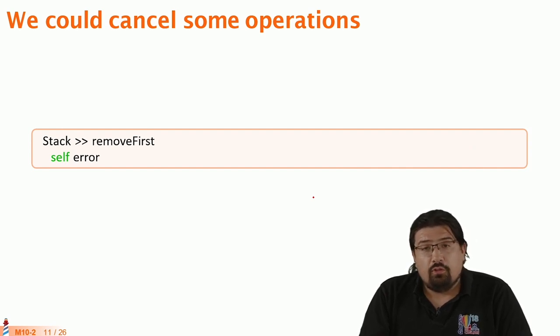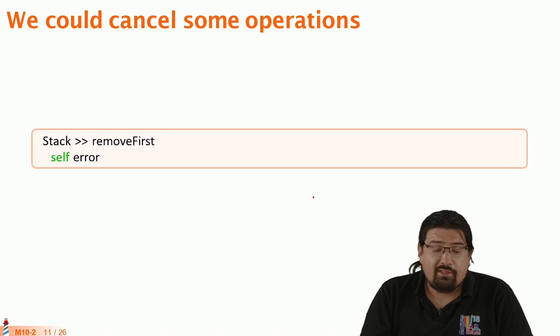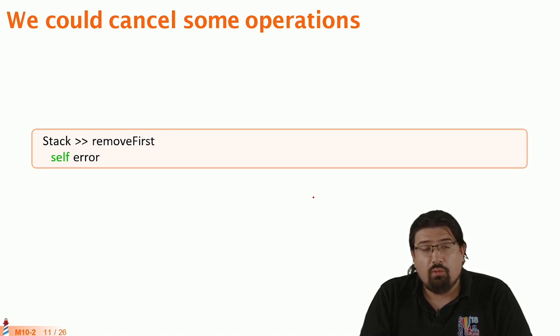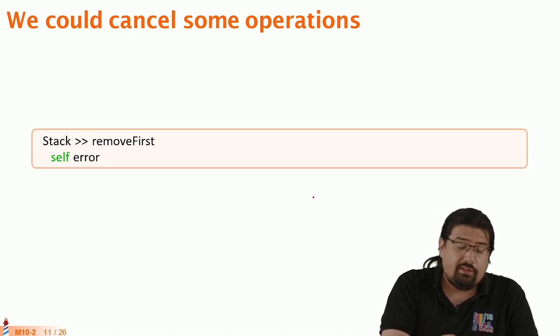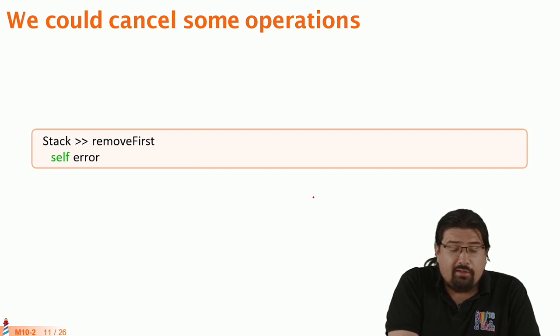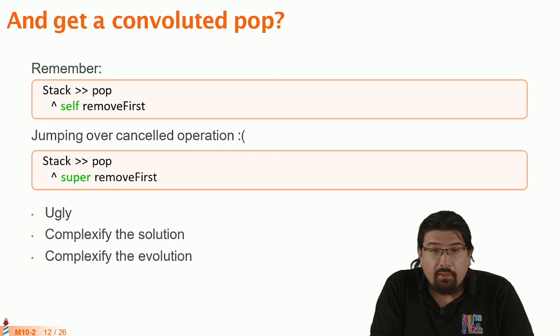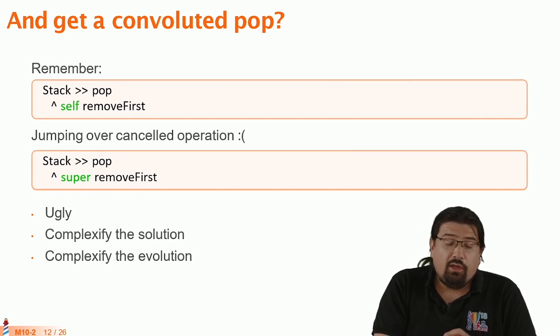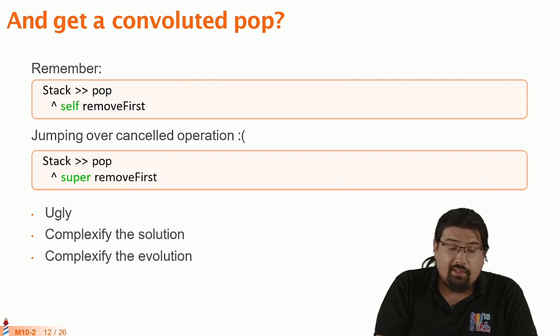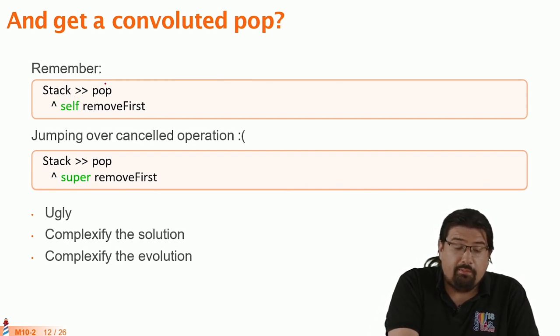One easy solution that we can think of is, okay, we are going to cancel all the operations that we don't want to expose. In this case, for example, we are taking remove first and raising an error when this message is sent to the stack. But this can get really complicated because we were using remove first in our pop implementation.